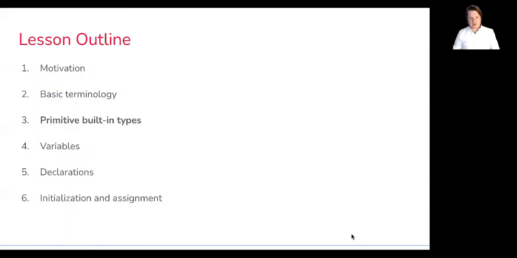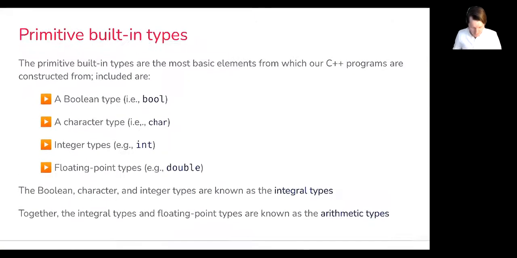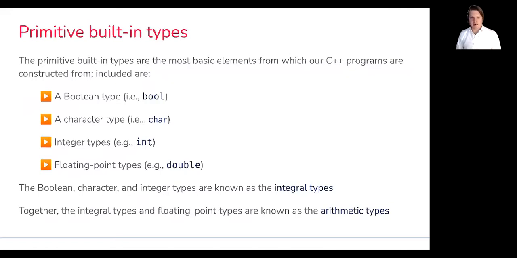We're going to move into the primitive types here. So the primitive built-in types, these are going to be the most basic kind of building blocks from which our C++ programs are going to be constructed.